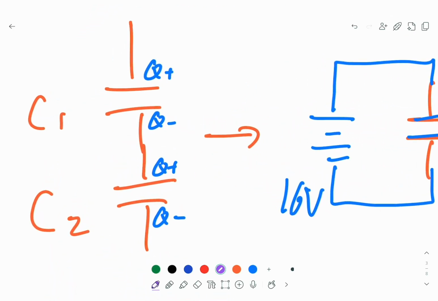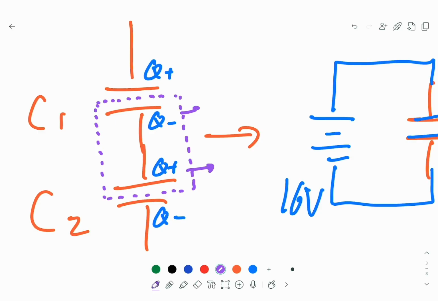These two pairs of metal plates, when they are connected in series, this part here is neutral, and it makes sense because no charge really passes through any of the capacitors. One of the charges attracts to the bottom of C2, and therefore C2 has positive here and C1 has negative here. So this is the idea.